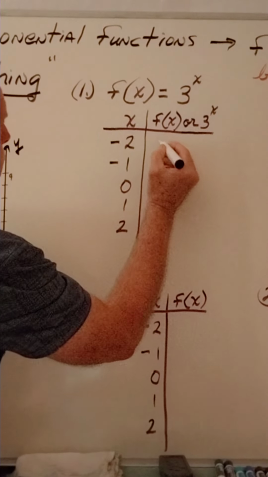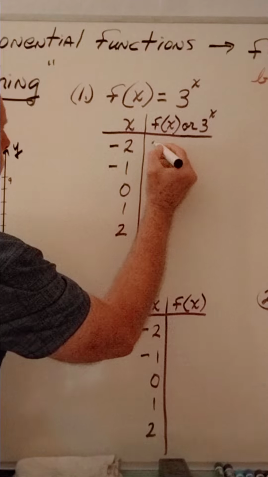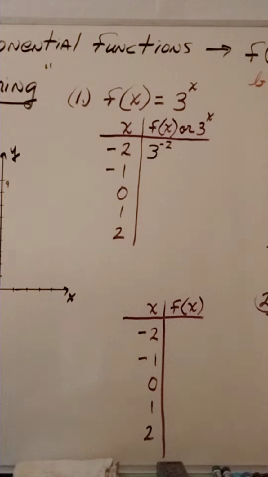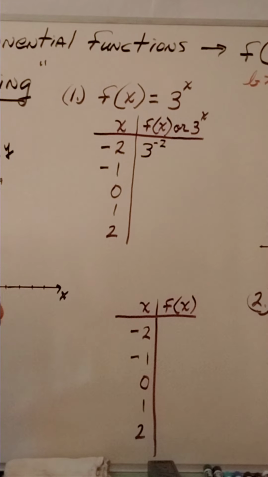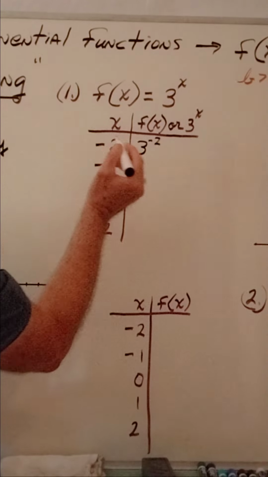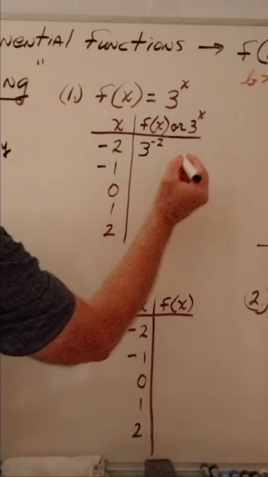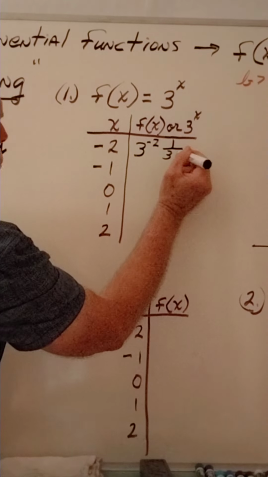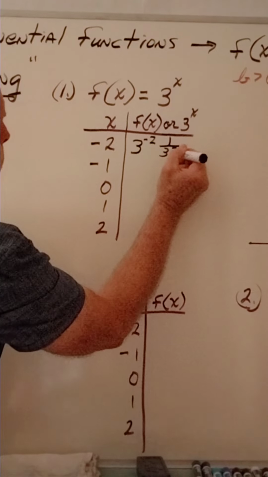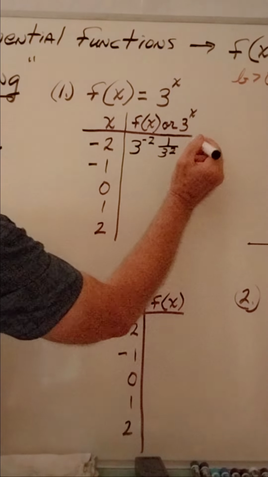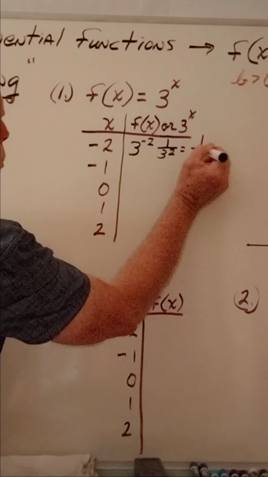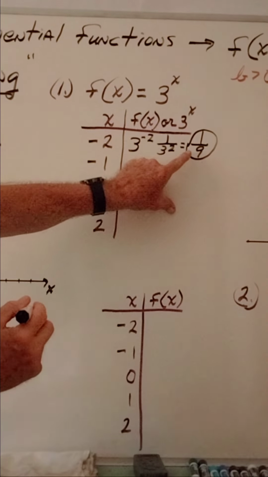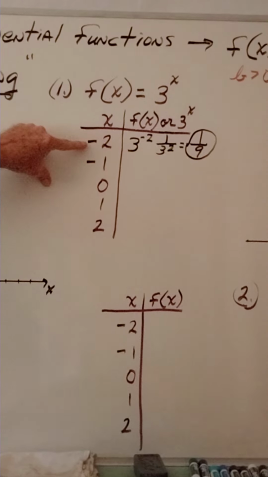I'm going to bring down that 3 and put that x value of -2 there. Now we can't make any sense out of 3 to the -2 because we're dealing with a negative exponent. So we need to reciprocate that base to 1 over 3, and that gives us the opportunity to change that exponent to a +2, and 1 over 3 squared would be equal to 1/9. I'll circle it. It's the y when x is -2.